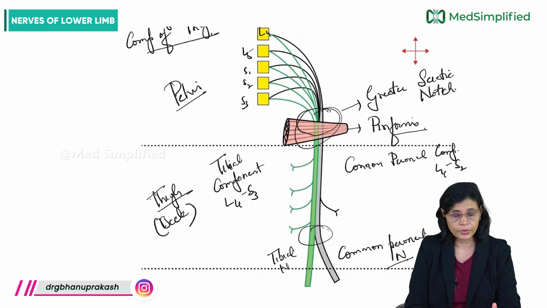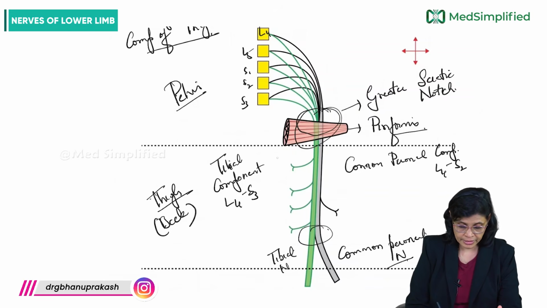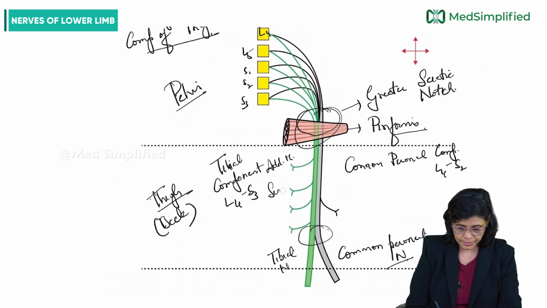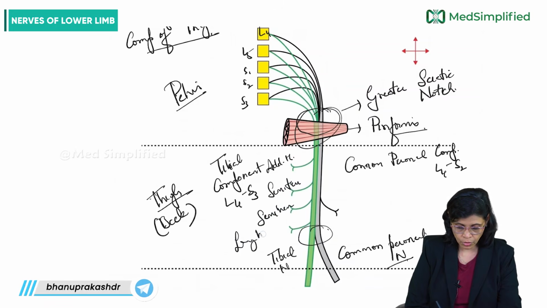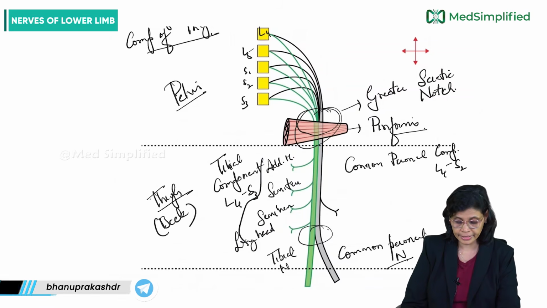So in the thigh, all the hamstring muscles, which include the adductor magnus, the semitendinosus, the semimembranosus, and the long head of biceps, are supplied by the tibial component of the sciatic nerve.